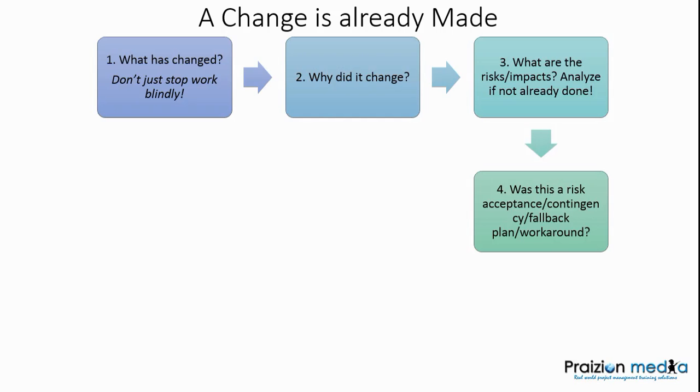Or is this the application of a contingency of some sort or a fallback? Maybe a fallback plan or a workaround. So when a change has been implemented, it could be as a result of risk acceptance, it could be as a result of a contingency being applied, or it could be as a result of a fallback plan or even a workaround.